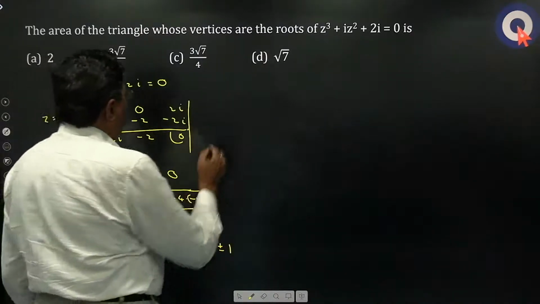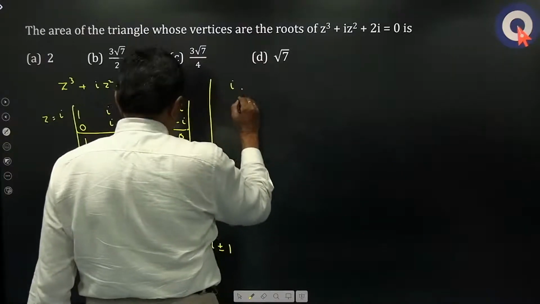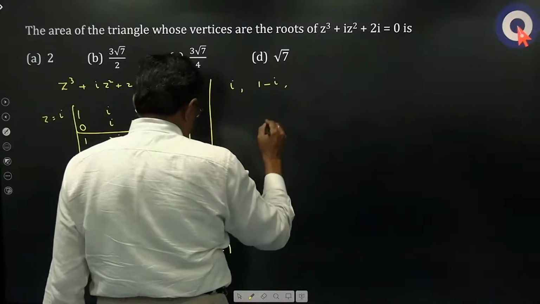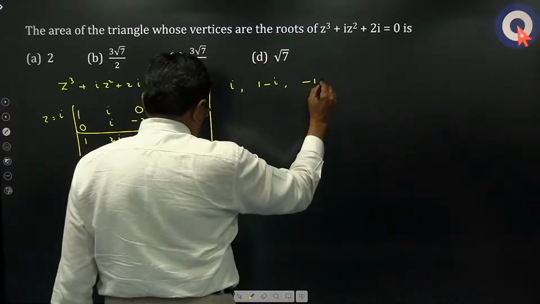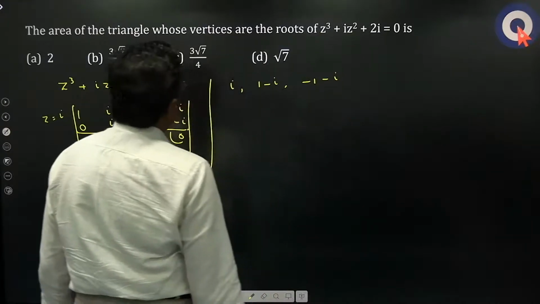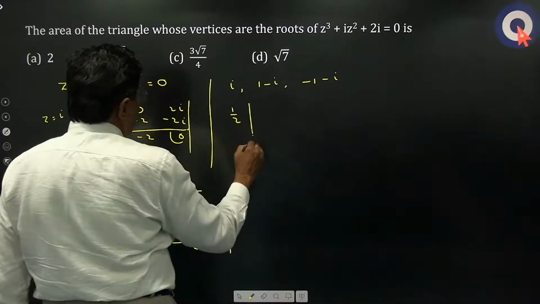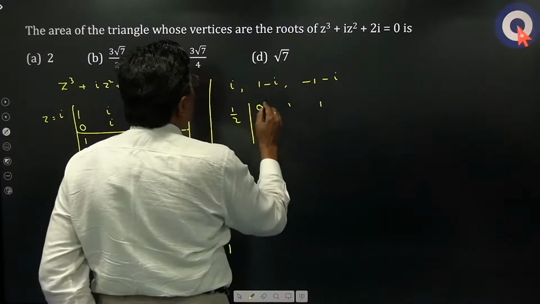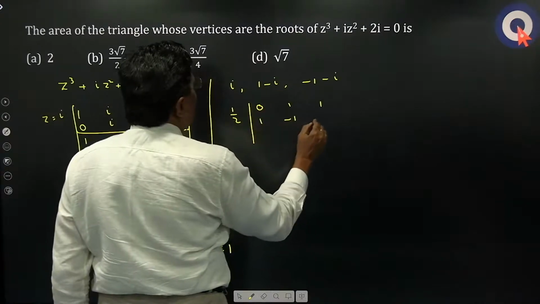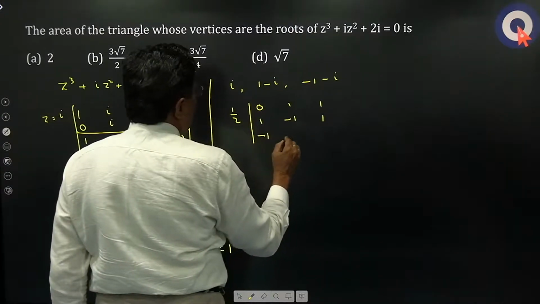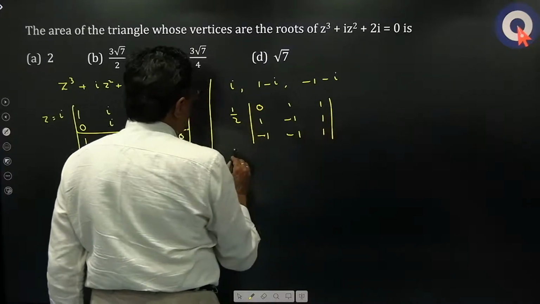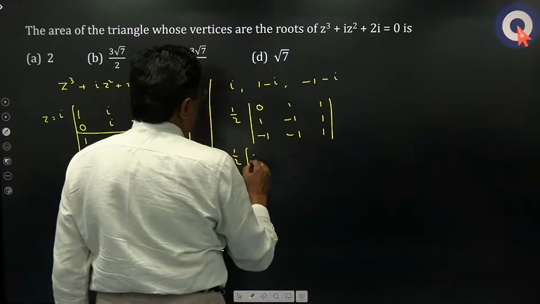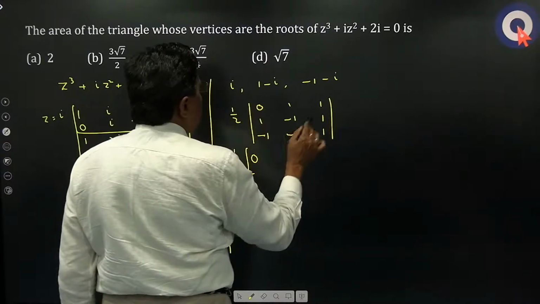So the other roots are: i is one root, right? 1 minus i is one root, minus 1 minus i is another root. So area of the triangle is half of the determinant with rows 0, 1, 1; 1, minus 1, 1; minus 1, minus 1, 1. So how much does this happen? Half into minus 1 plus 1, minus 1 plus 1, gone.